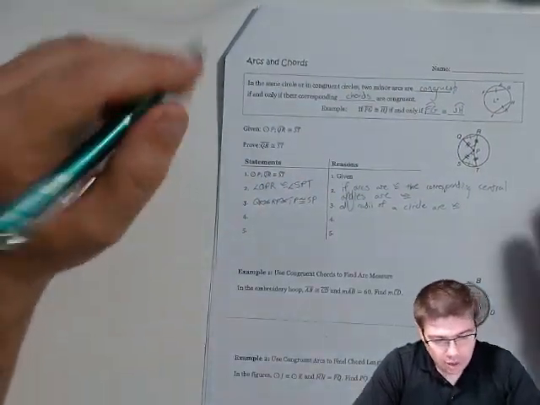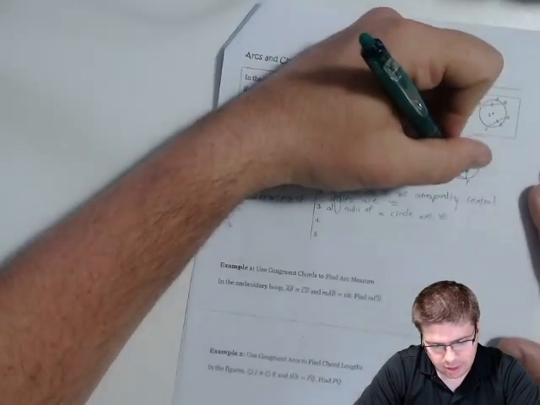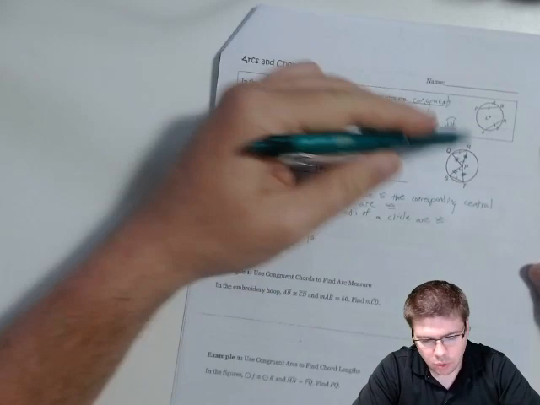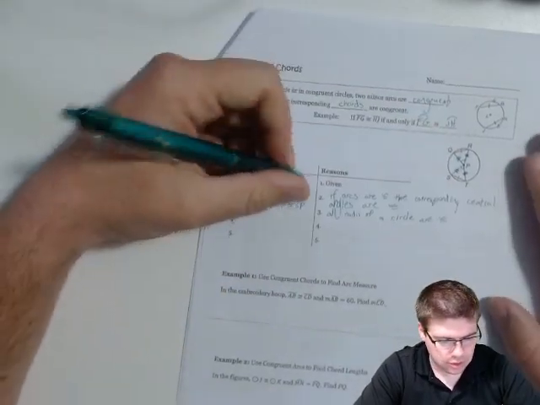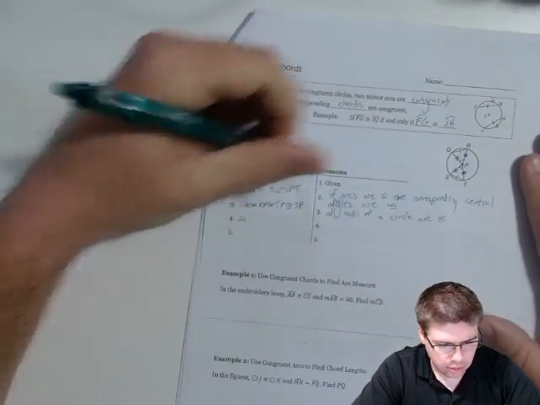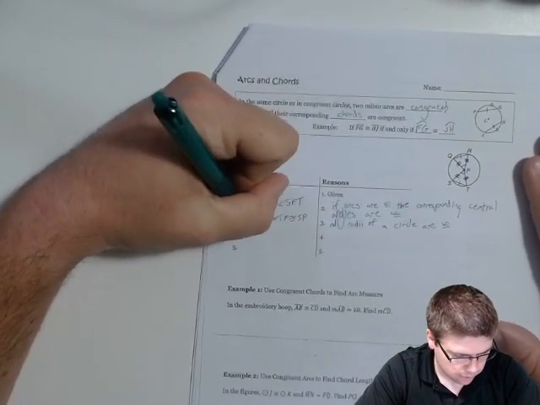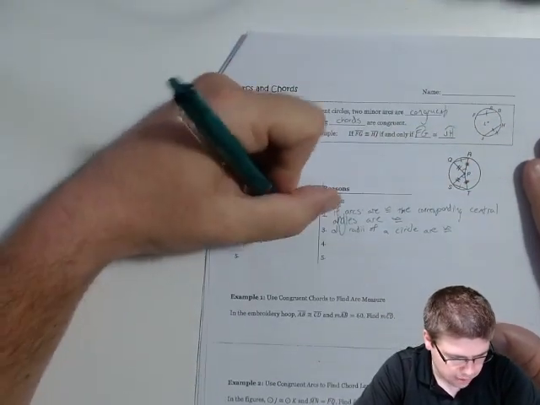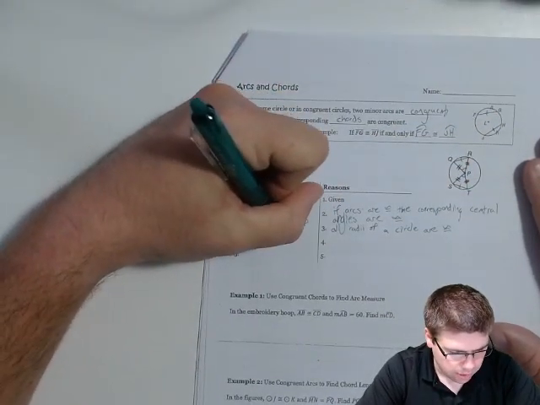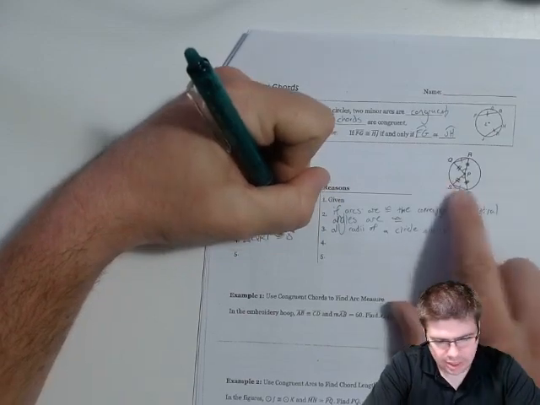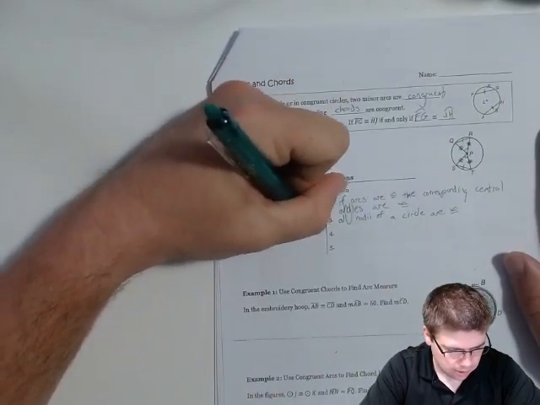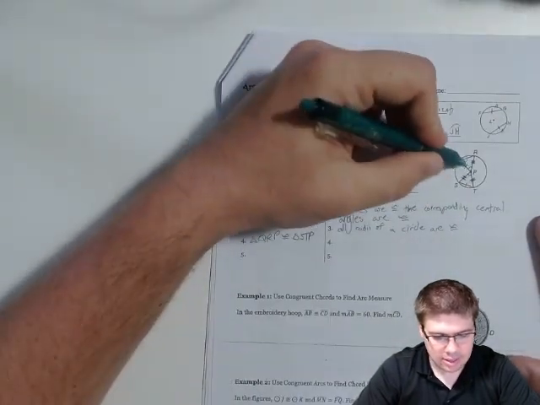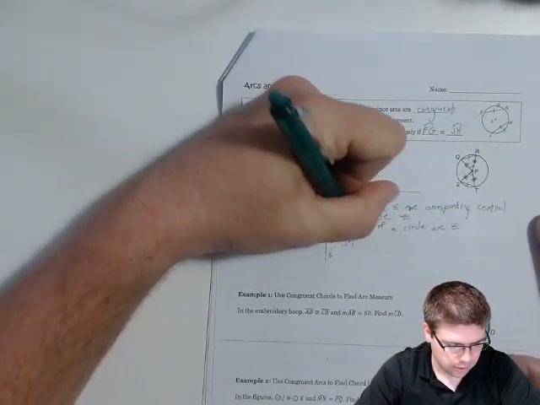All right, and then now what we can do is go back to our figure. We don't technically know QR is congruent to ST yet. Sorry, that was mislabeled really. We've got congruent triangles. So we could say triangle QRP is congruent to triangle STP, and that's because of side angle side congruence.